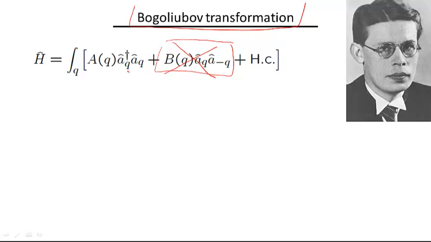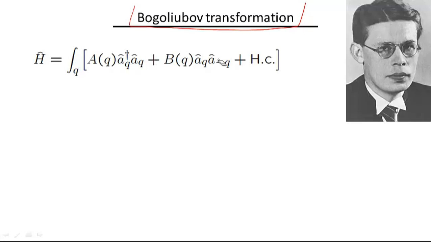If we didn't have this term, we would have had just a linear combination of independent q operators. But the appearance of this term couples the q mode with the minus q mode.